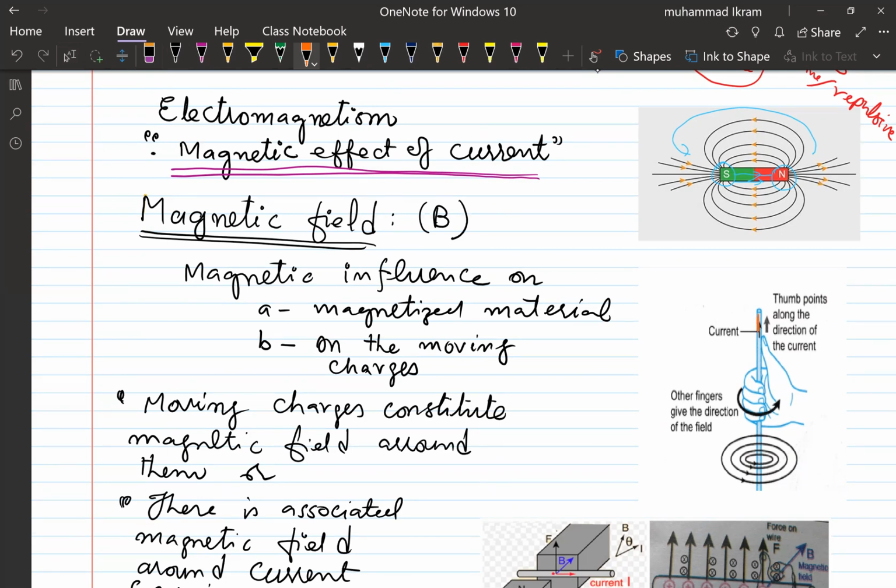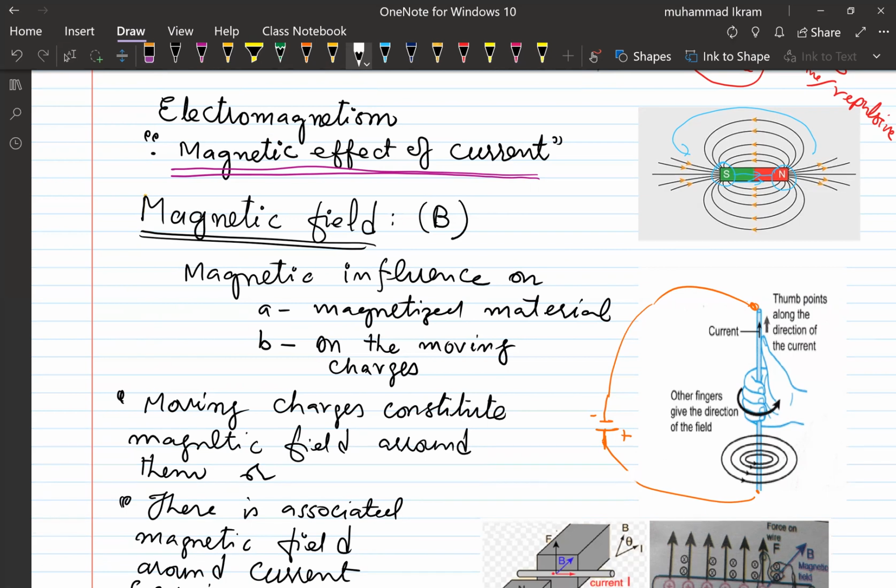If you connect the two ends of a bare copper wire, one with the positive terminal of the battery and the other with the negative terminal, right?